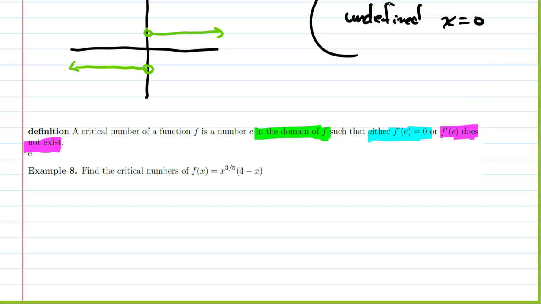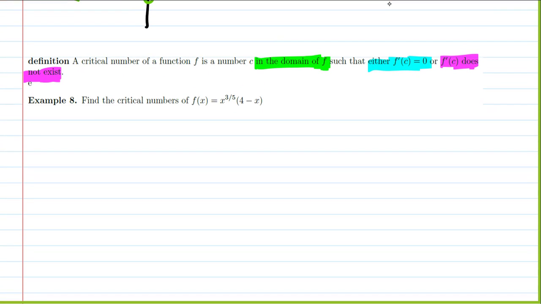So to be a critical number, it has to be in the domain of the function f, or we don't care about it, and it has to be either f prime of that number is 0 or the derivative of that does not exist. All right, let's go ahead and do an example.